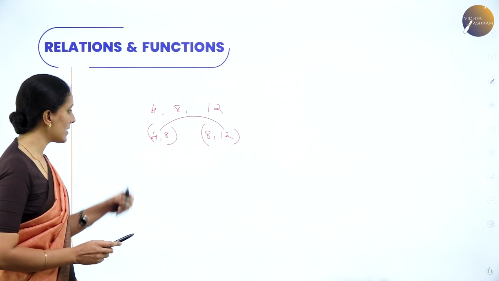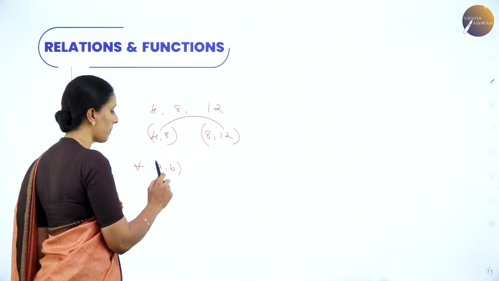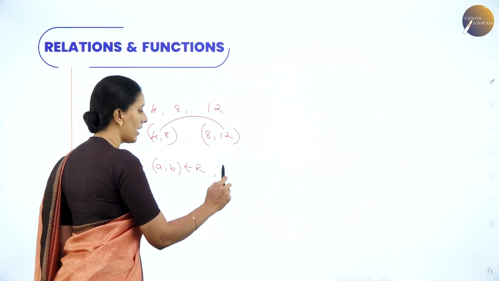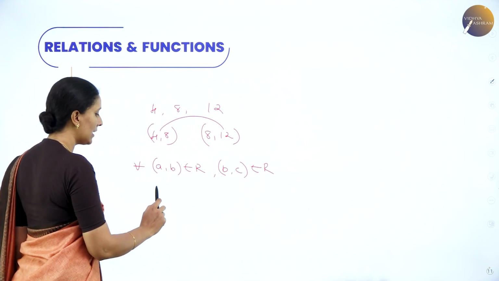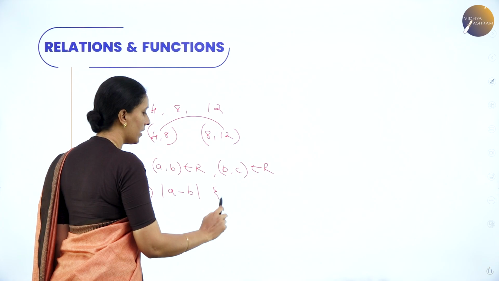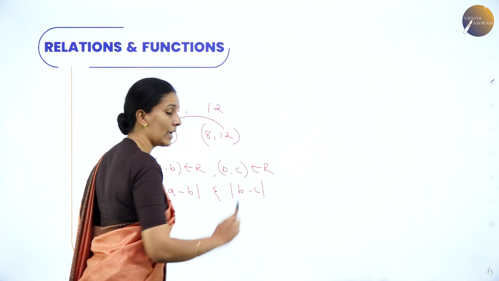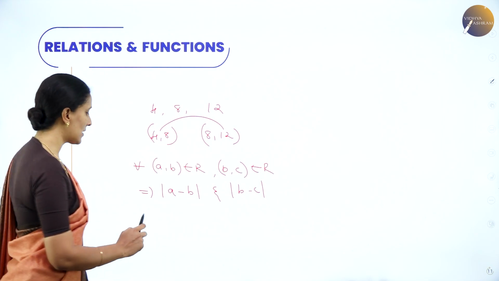So let us generalize this statement. For all (a, b) belonging to R and (b, c) belonging to R, we can clearly see here that modulus a minus b and modulus b minus c are multiples of 4. So let's take the sum of these.